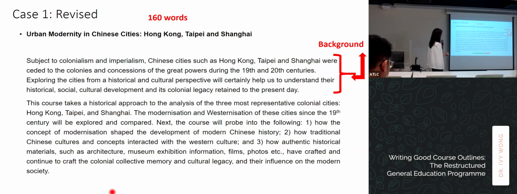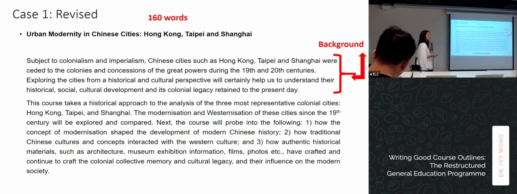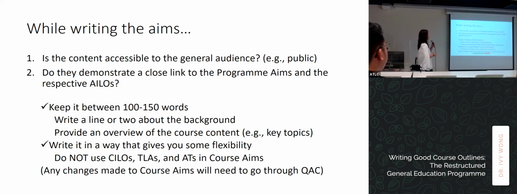And then I tried to rearrange the information a little bit, to make it easier for students to understand. This is about 160 words, but like I said, it would be best if you could keep it under 150. I think that would already be sufficient to talk about the major topics, right? And just to provide an overview of the course content.